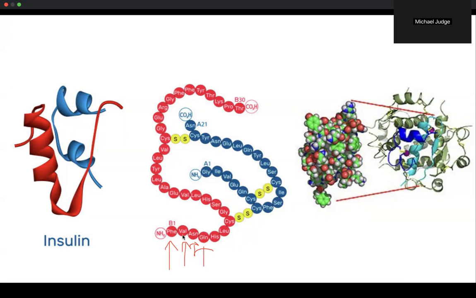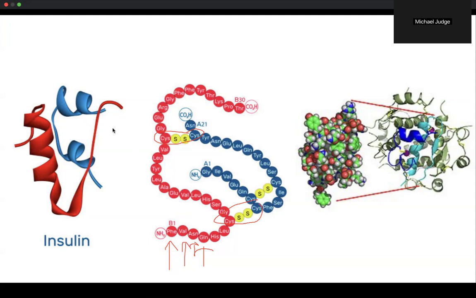Okay, so that is what the gene is coding for. The gene codes for a primary structure. And then based on the primary structure, the protein folds into secondary, tertiary, and in some cases, as in here, where we've got 2 different chains, one in blue, one in red, sticking together, that's quaternary structure.